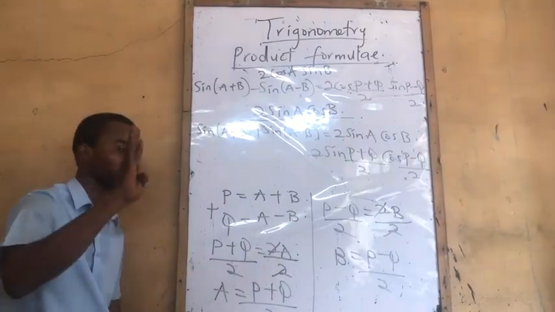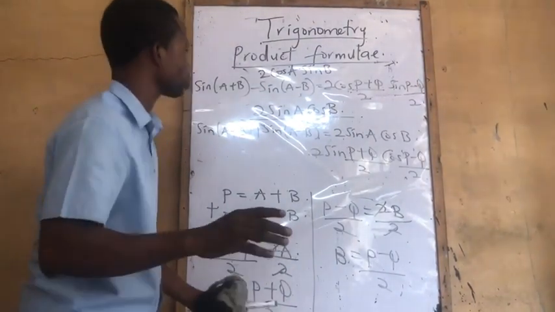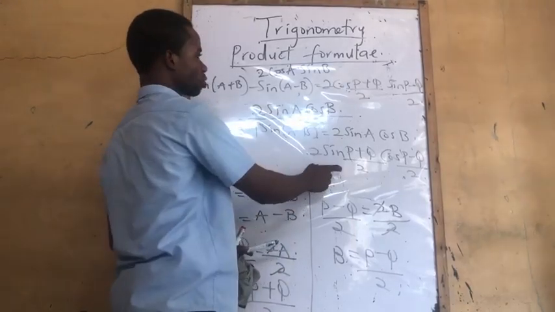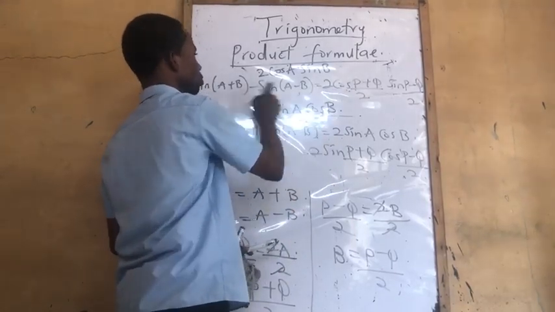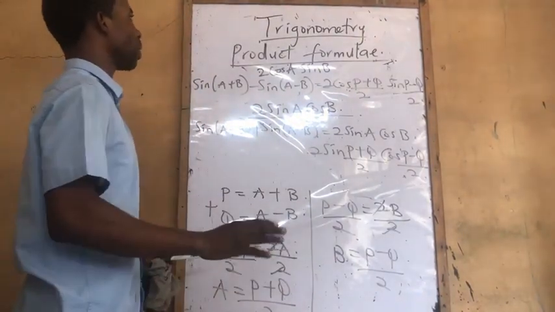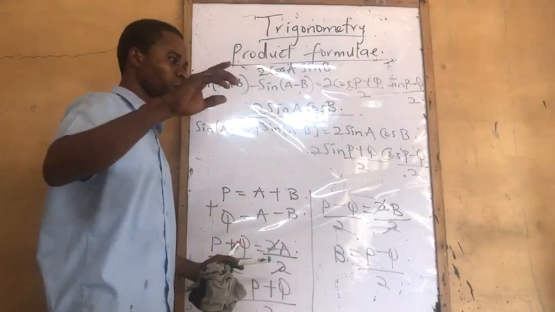So you are going to experience 4 things like that. I've gotten 2 already for the sine, addition and subtraction, and for the cos, addition and subtraction. That is all about the product formula. They are just 4.